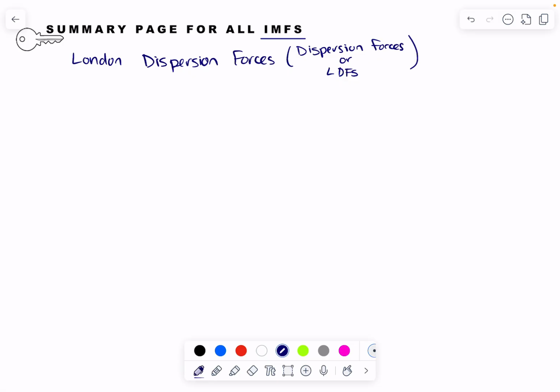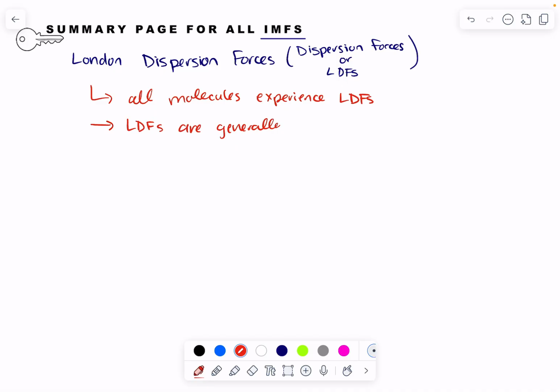So some important notes to know about London dispersion forces is, first, all molecules experience London dispersion forces. In general, LDFs are weak. However, LDFs become very strong in large molecules.